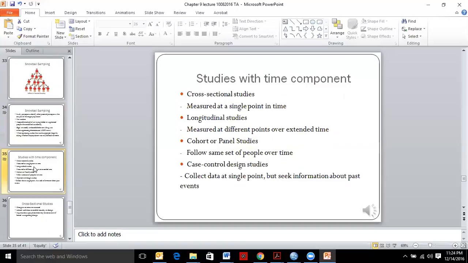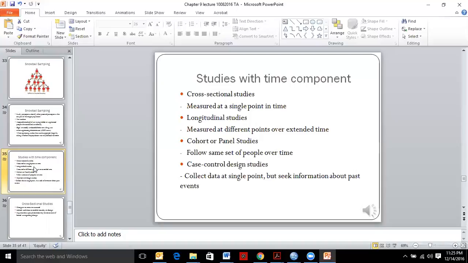Now we'll be talking about studies with a time component. So we have cross-sectional studies, longitudinal studies, cohort or panel studies, and case-control design studies. Cross-sectional studies measure a phenomenon at a single point in time.